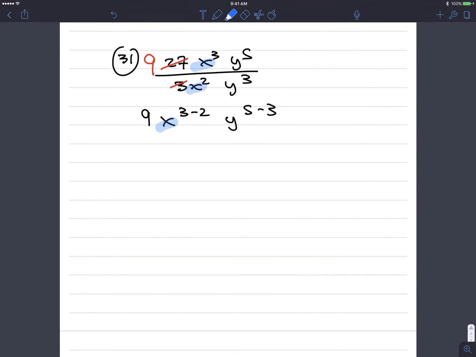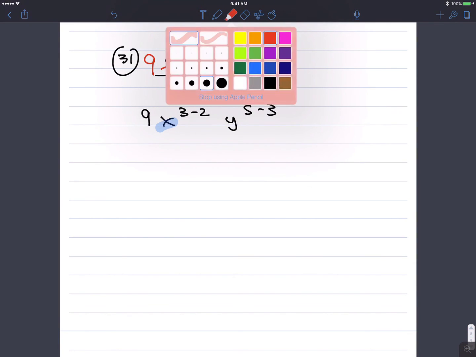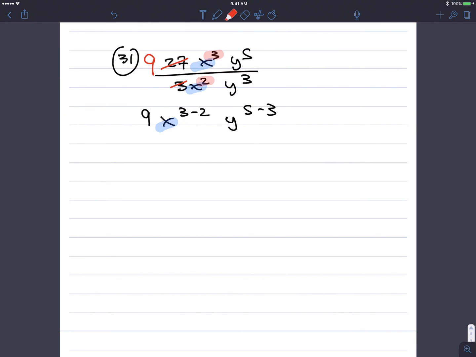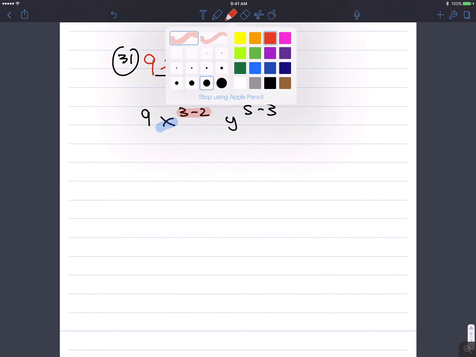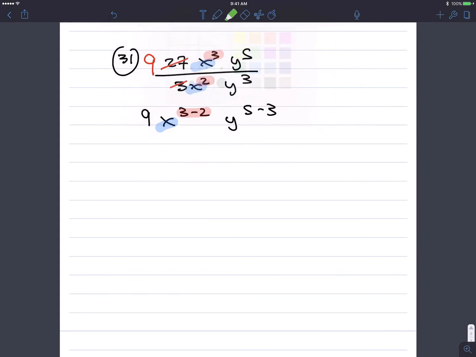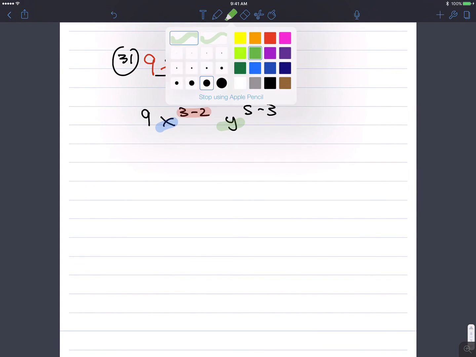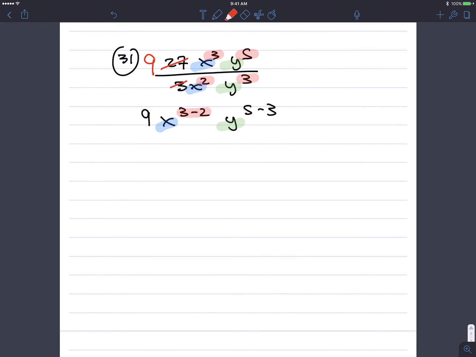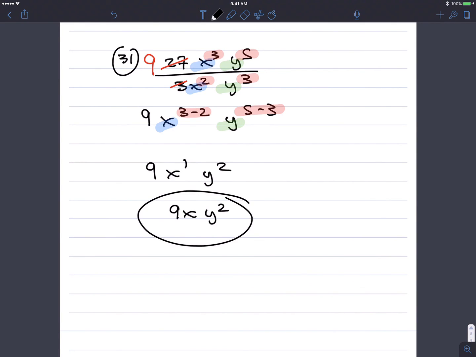There you go. Subtract the powers. 3 minus 2. Dividing with the same base called y. There it is. Subtract my powers. 9x to the 1st power, y to the 2nd power, or 9x y squared. And you're done.